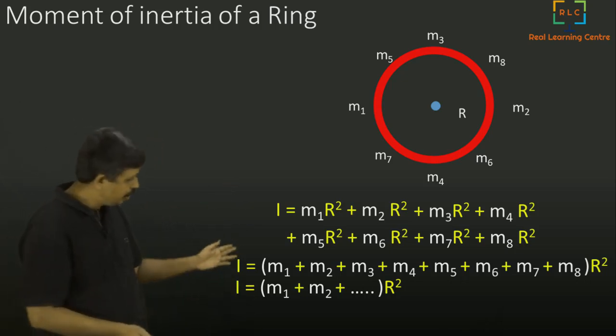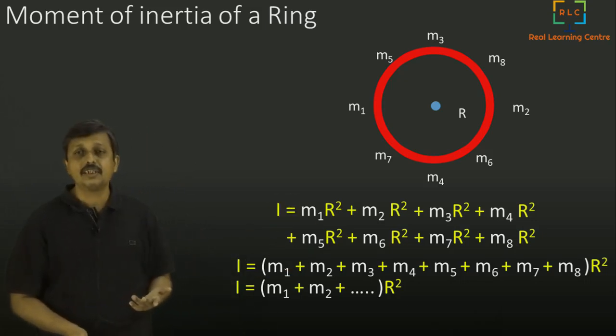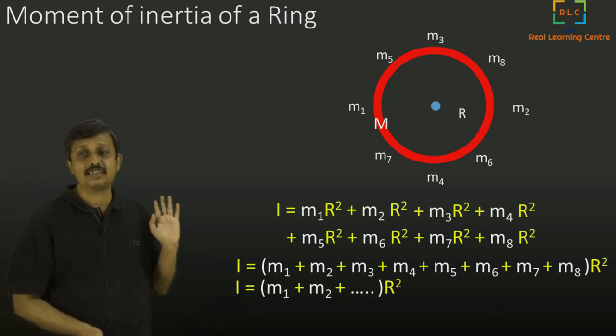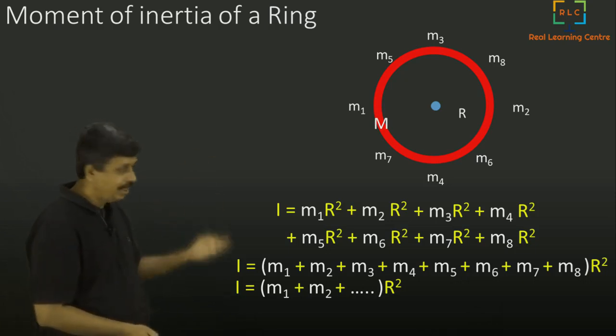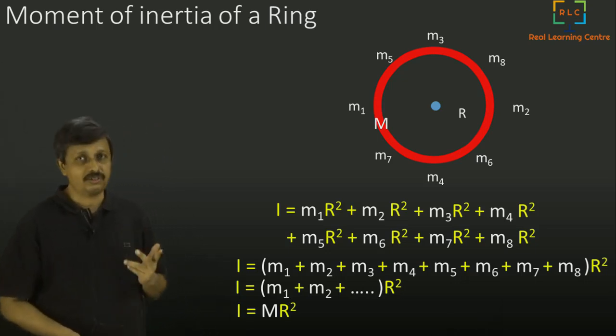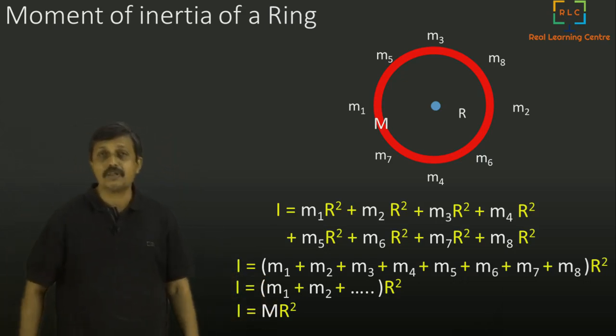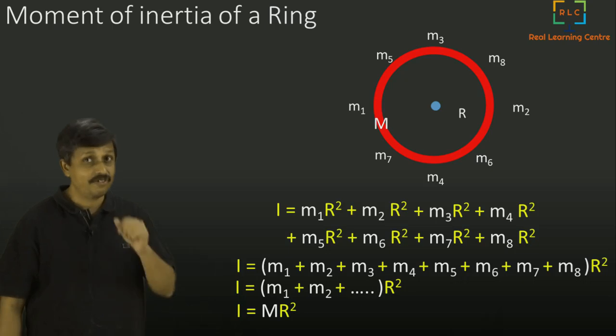All these m1, m2, m3, m4 added together is simply the mass of the ring itself. That is what we call capital M. So if that is the case, then we can simply write I is equal to capital M into r square. So I is equal to mr square is the moment of inertia of this ring.